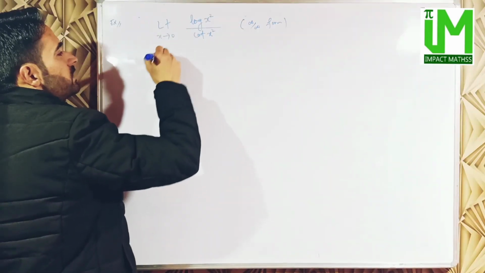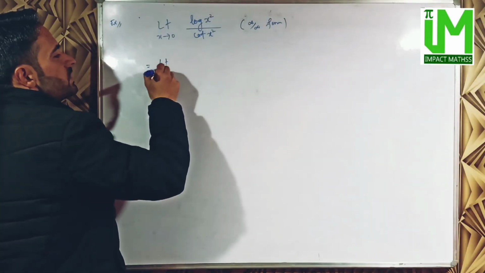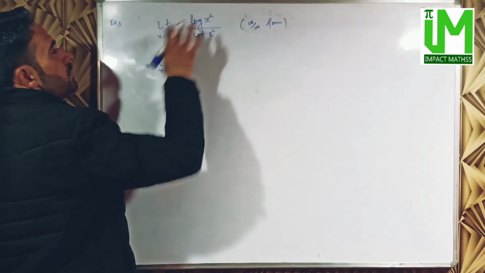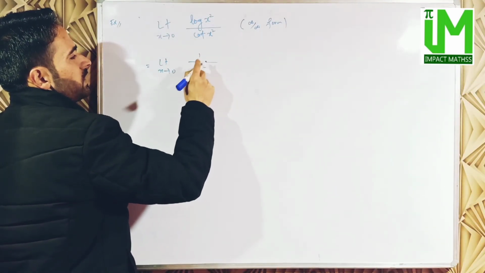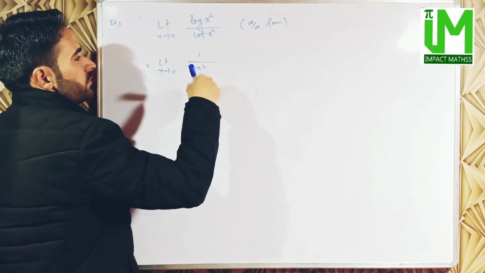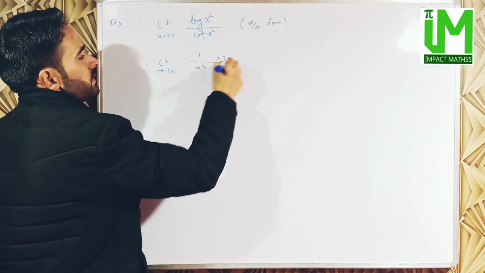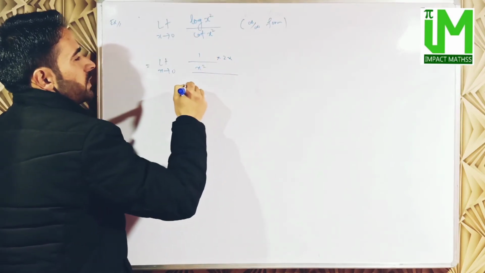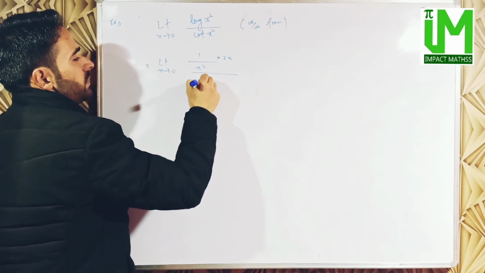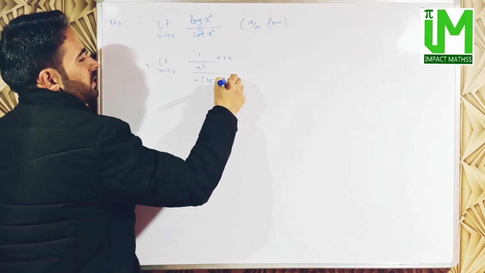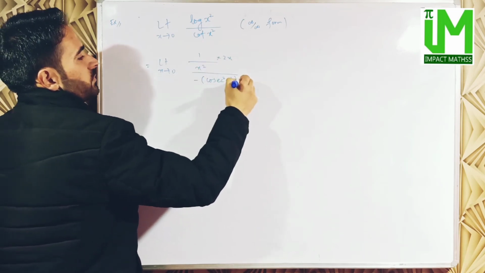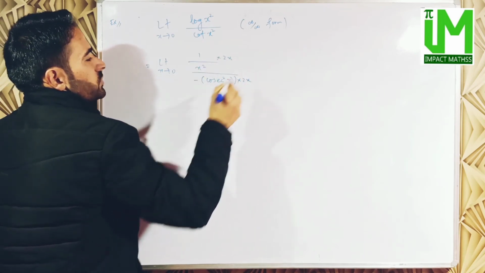So by L'Hopital's rule, this will be limit x approaches 0, the differentiation of log of x square, 1 divided by x square into the differentiation of x square by function of function, that is 2x, divided by the differentiation of cot of x square, minus cosec square x square into the differentiation of x square, 2x.